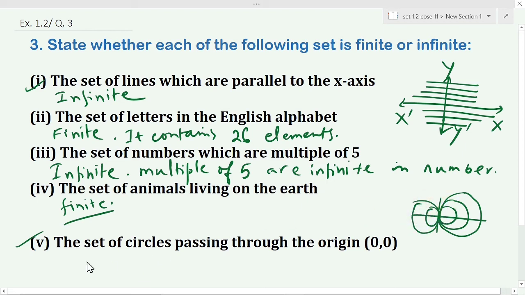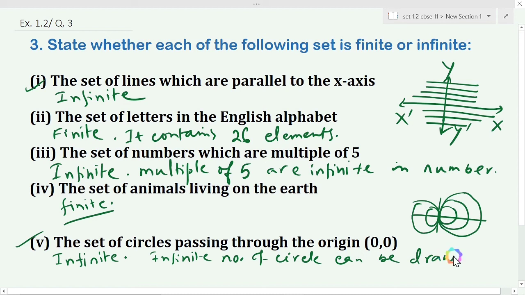So this is also an infinite set, because an infinite number of circles can be drawn.